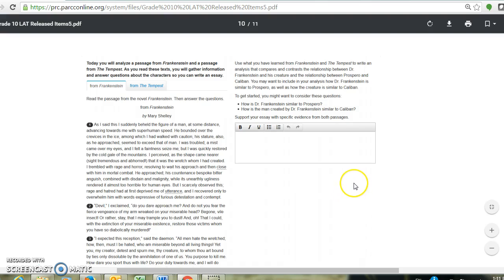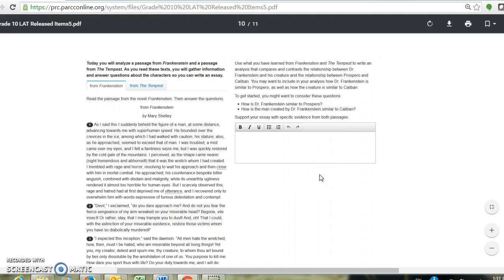Readers are looking for you to stay focused, to use evidence, and everything you say in this essay needs to support that these men had relationships with Dr. Frankenstein's creature, Prospero with Caliban. They had relationships with these characters, and they are similar relationships. So Dr. Frankenstein and his creature had a similar relationship to the relationship between Prospero and Caliban in The Tempest. That's what the reader is looking for, and that's what you want to write.